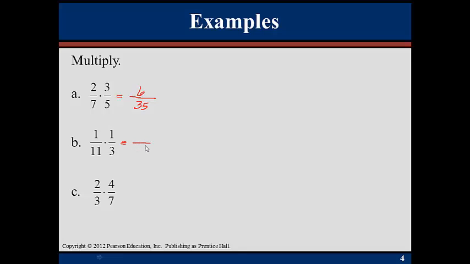We're going to do 1 times 1, which is 1, and then 11 times 3, which is 33. And then C, we have 2/3 times 4 over 7. We're going to multiply the tops together, so 2 times 4 is 8, and then 3 times 7 is 21. So this becomes 8 over 21.